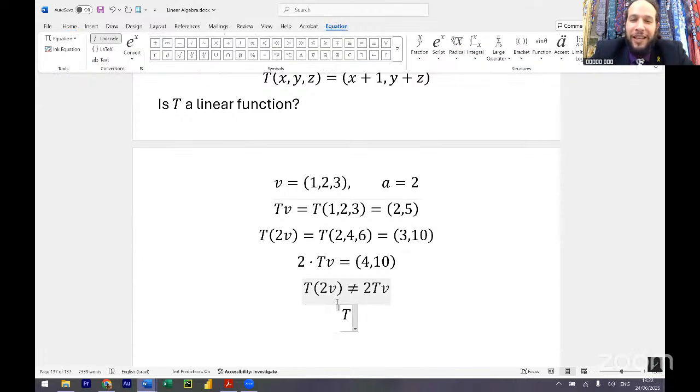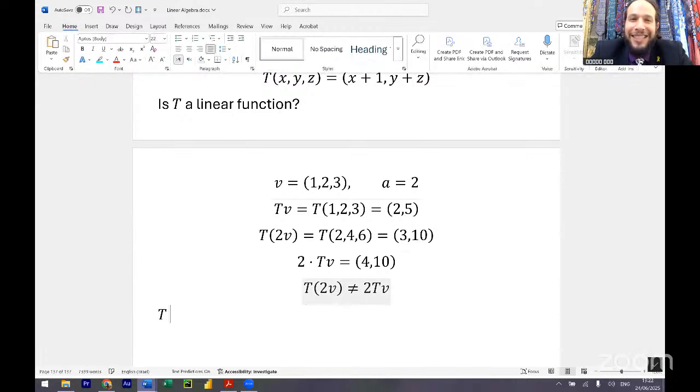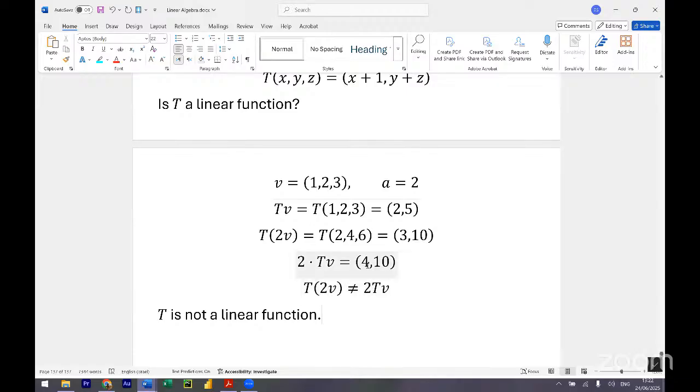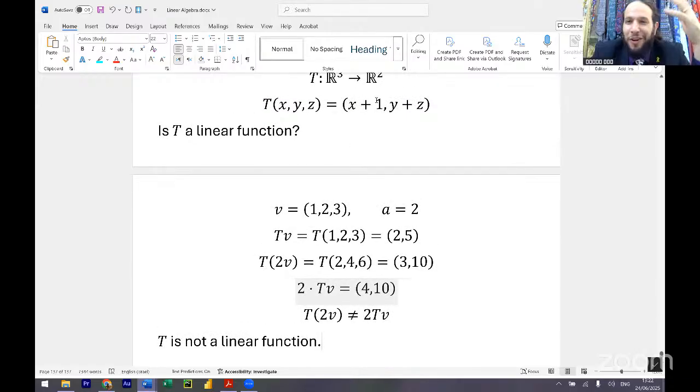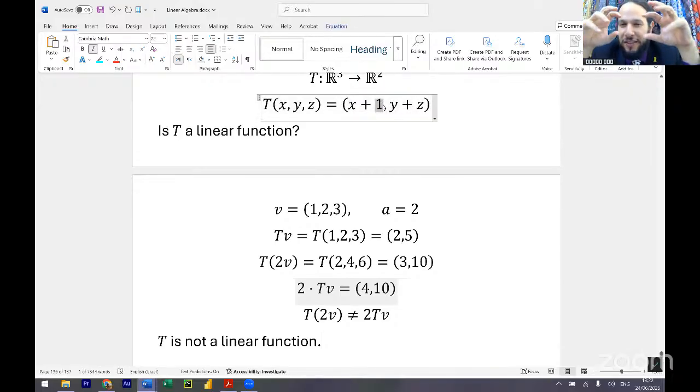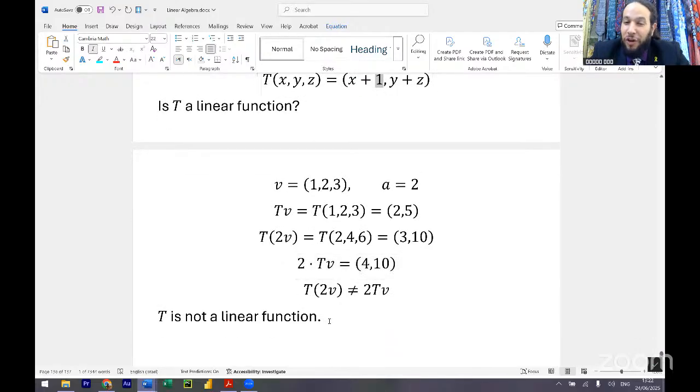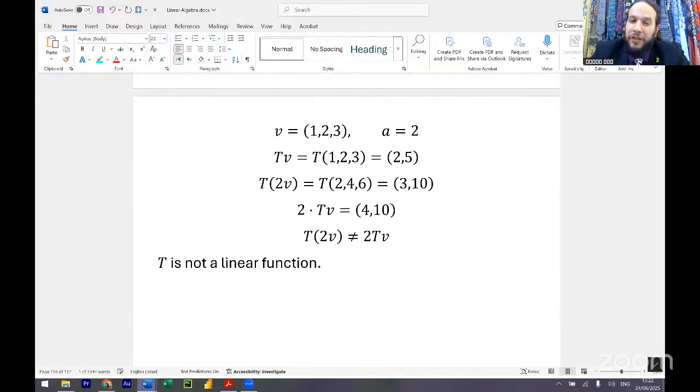So I'm allowing myself: T is not a linear function. Okay, it looks almost linear because all you have is variables under addition, but the so-called non-homogeneous element here ruins it. In general, that would be our first proposition.